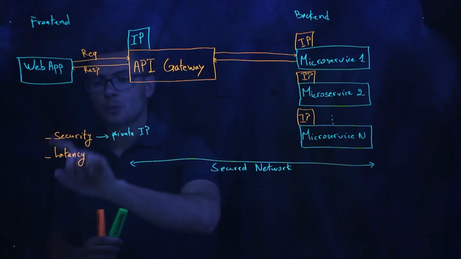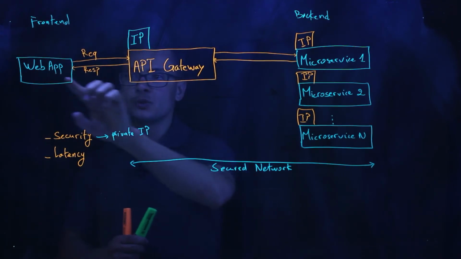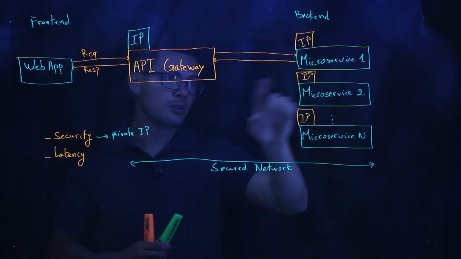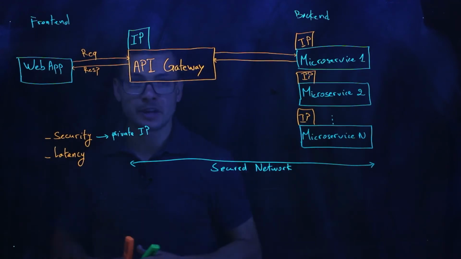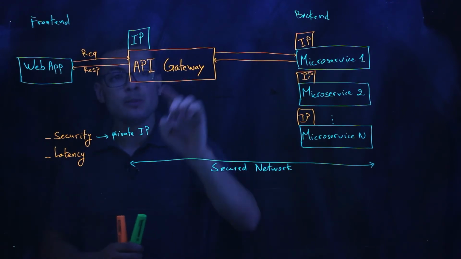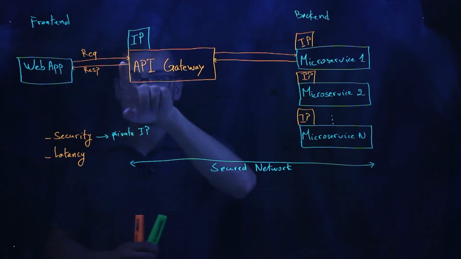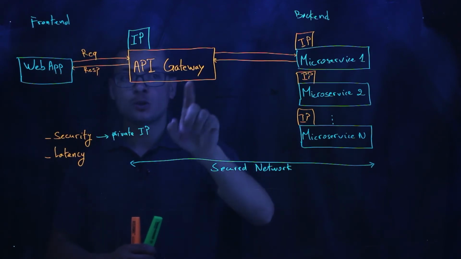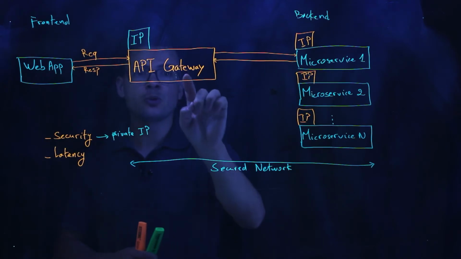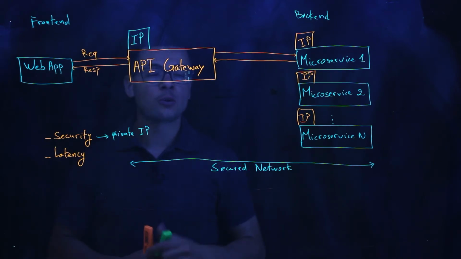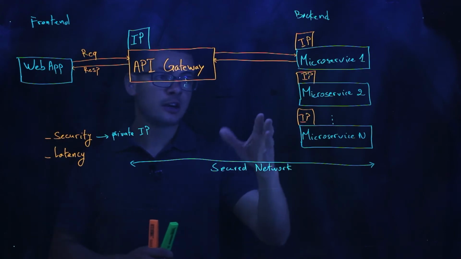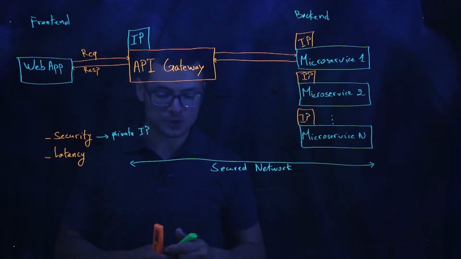Now for the second problem, the latency of those requests coming from the web app to the different microservices, if we don't have an API gateway. Now, actually with the API gateway, the client or the front end needs only to send one request to the API gateway, and it's up to the API gateway to know from where to get the data from those different microservices.